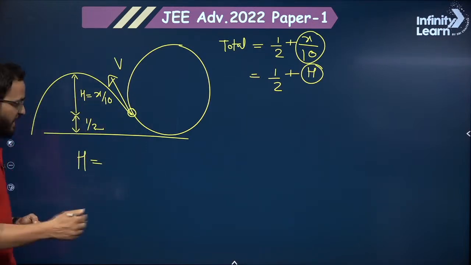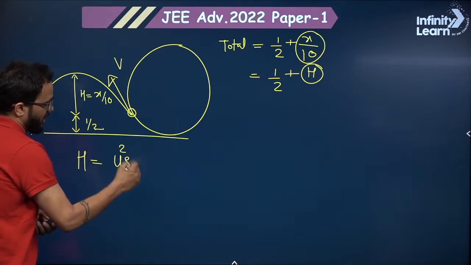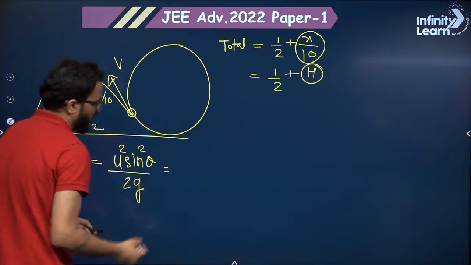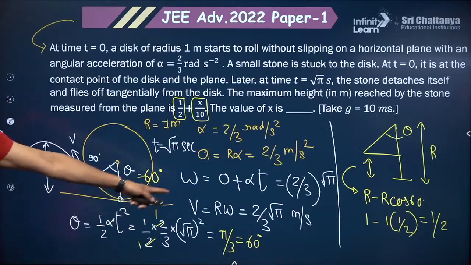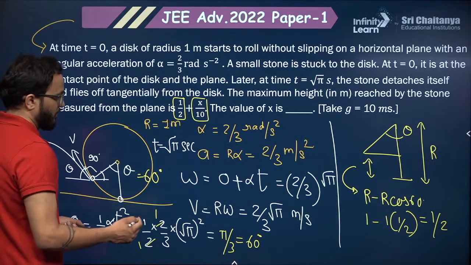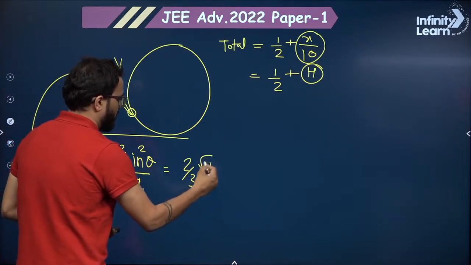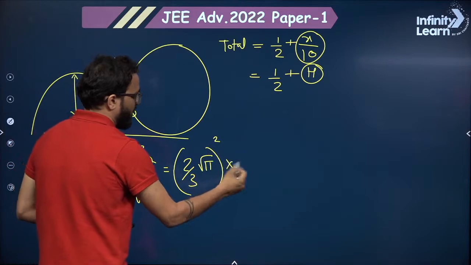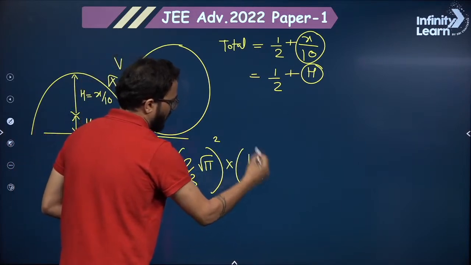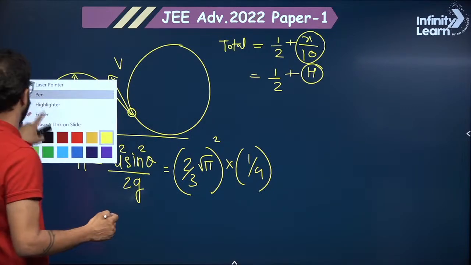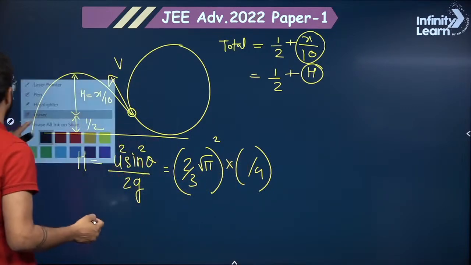Very easy. H will be u square sine square theta by 2g. Now what is the value of u? 2/3 root pi. Okay, so 2/3 root pi whole square into sine 60 whole square. Sine 60 whole square will be 3/4.